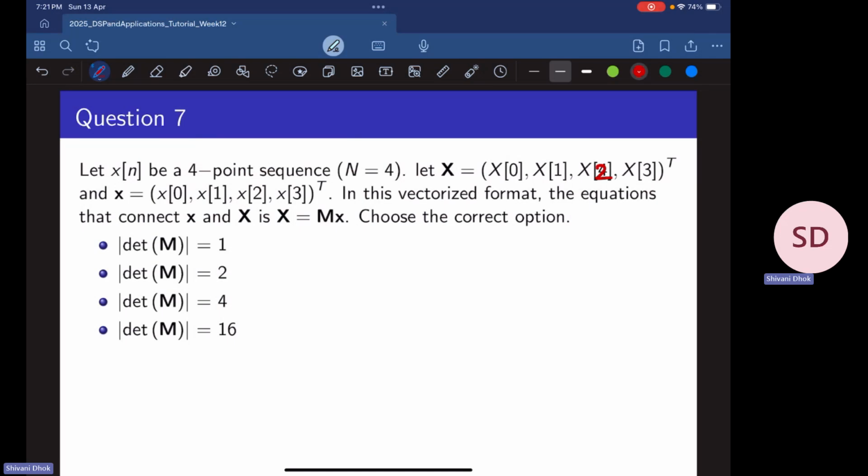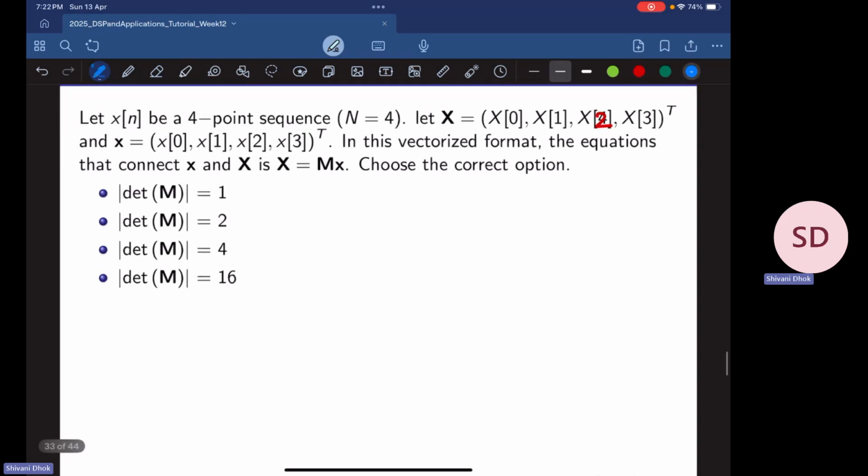This is basically the vectorized form of my DFT and my original signal. So now they say that in this vectorized form, we can write this capital X vector as a matrix M multiplied by this little x vector. And then we need to figure out the relation between its determinant. Okay, so let us try to do that.